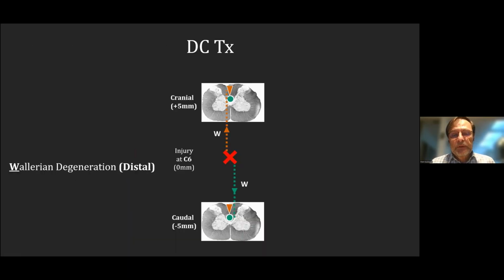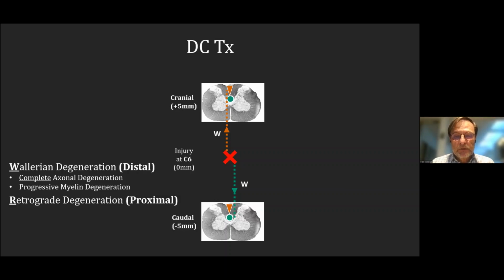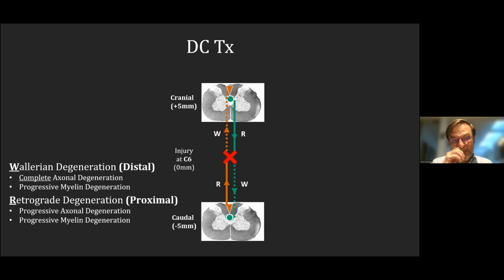And also the type of injury is quite different, because in addition to the actual damage to the axon on the site above the injury, there's a retrograde degeneration as well. So distal to the injury, we see a Wallerian degeneration, which is essentially complete axonal degeneration, a progressive myelin degeneration.